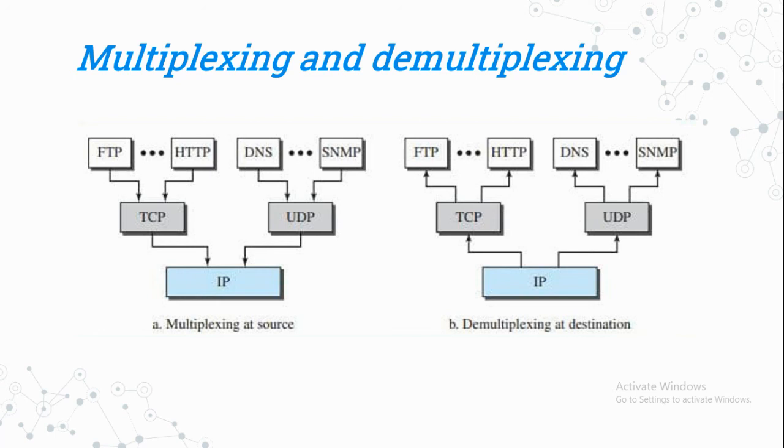In figure B, the demultiplexing process at the destination. The internet protocol receives the payload and separates it as TCP or UDP. TCP is forwarded to TCP and UDP is forwarded to UDP in the transport layer. Then further, it will demultiplex to the applications according to the protocols, whether it is file transfer, mail transfer, hypertext transfer protocol, or domain name system.